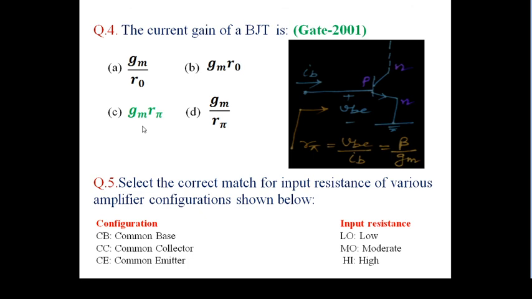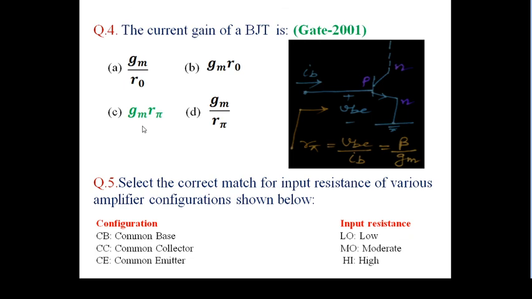Why? It is very simple: the common base configuration has very low input resistance, nearly 40 ohm. For common emitter, it is in the 50 kilo ohm range, and the common collector configuration has very high input resistance, around 750 kilo ohm.